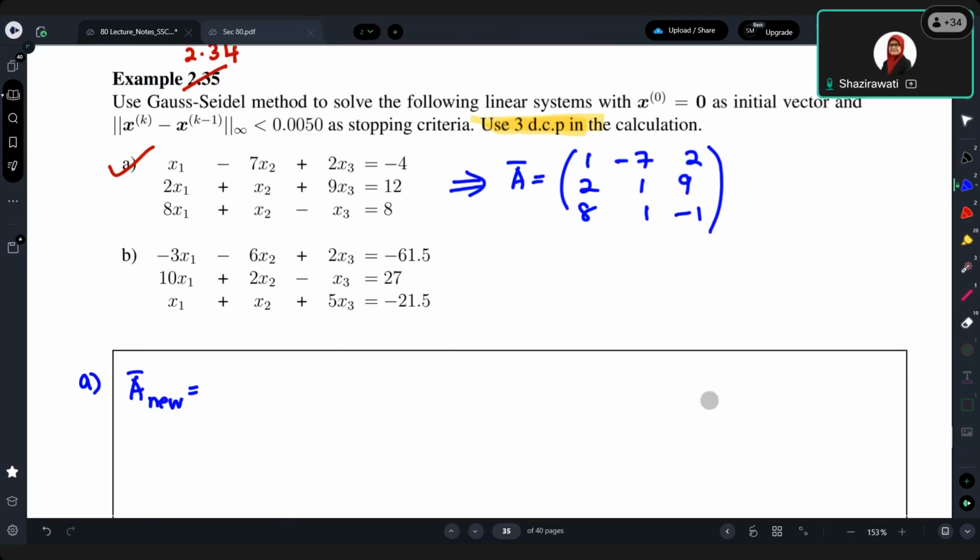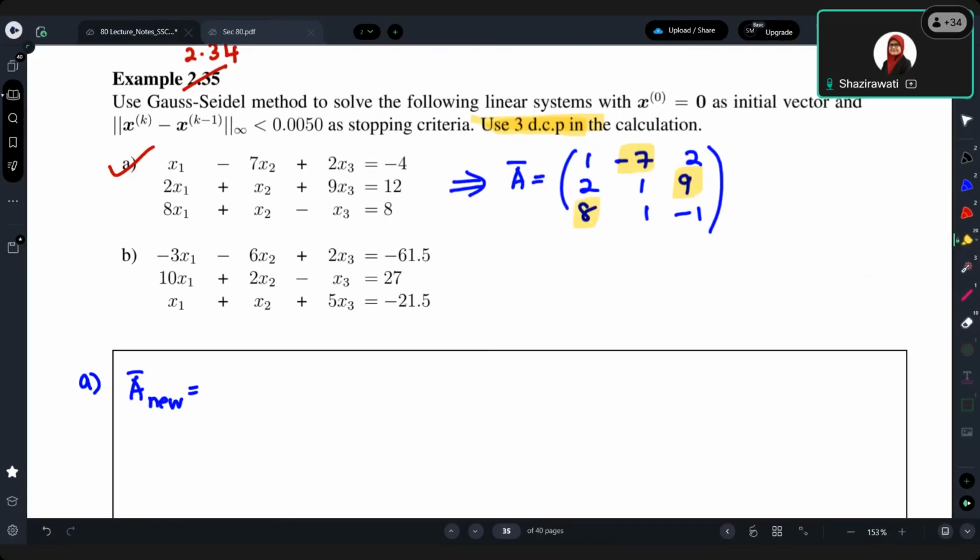STD, you tengok at every row yang mana yang paling besar compared to the summation of the rest of the elements. Dia bukan yang paling besar out of those three. Okay, dia lebih besar compared to 1 plus 2 yang dekat kiri kanan dia. Yang 9 ni lebih besar daripada 2 plus 1. 8 lebih besar daripada 1 plus 1.